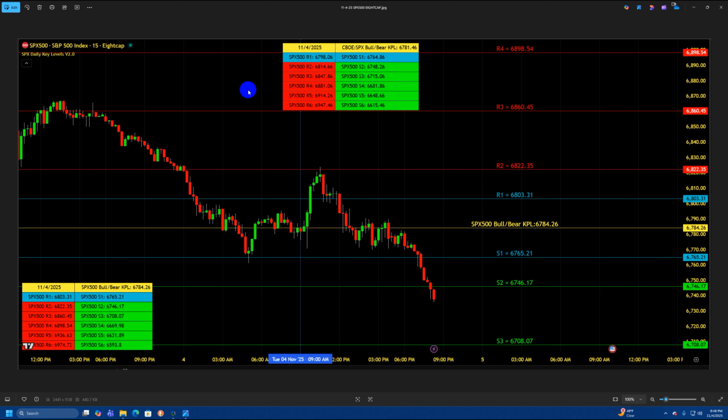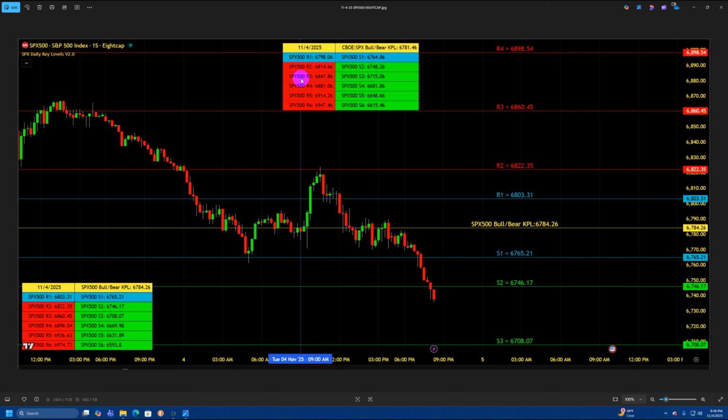If you're trading SPX index options and normally just look at the CBOE chart, the reason that you would want to have a second chart open with this symbol is because you can get the levels for CBOE SPX 30 minutes early, before it opens at 9:30, and you can get them at 9 o'clock when it's on this symbol.